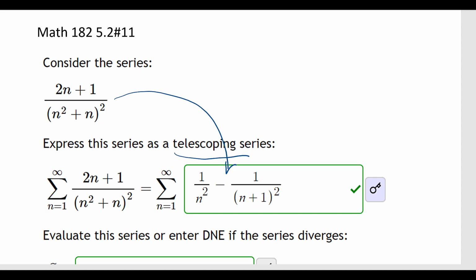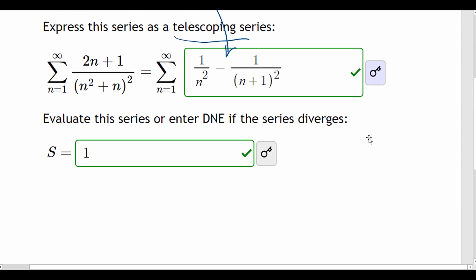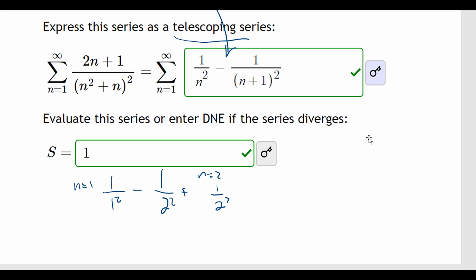That's really the gist of what I'm after here. We can talk a little bit about evaluating this series. If you were to look at several terms out, for n equals 1, we have 1 over 1 squared minus 1 over 2 squared. Then for n equals 2, we have 1 over 2 squared minus 1 over 3 squared.